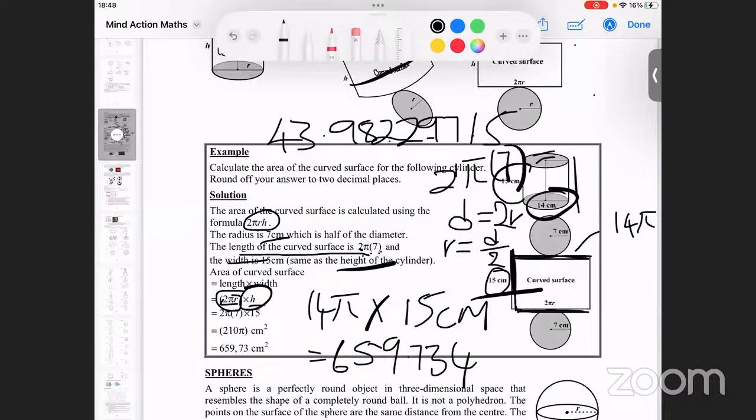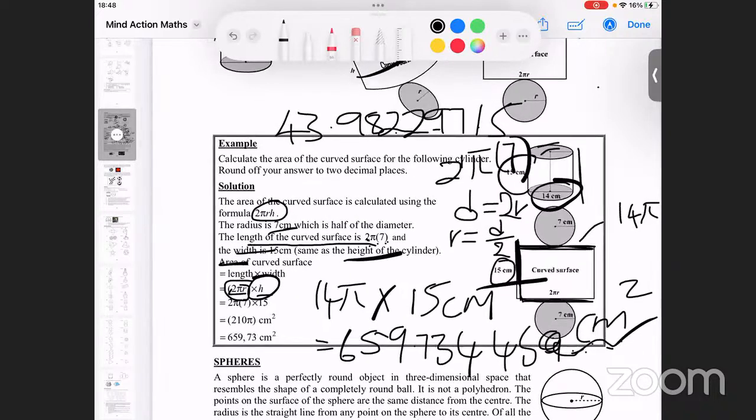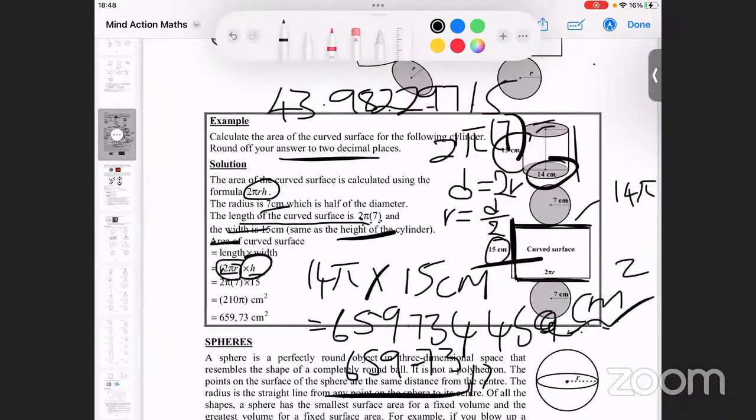So it's centimeters squared, because we are calculating for area. Now they said the final answer must be rounded off to 2 decimal places, right? So we're going to have 659.73. And this is going to be the final answer.